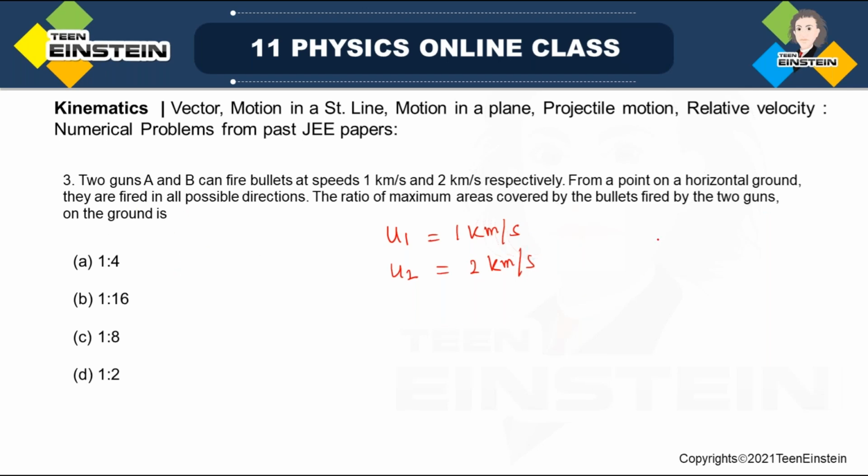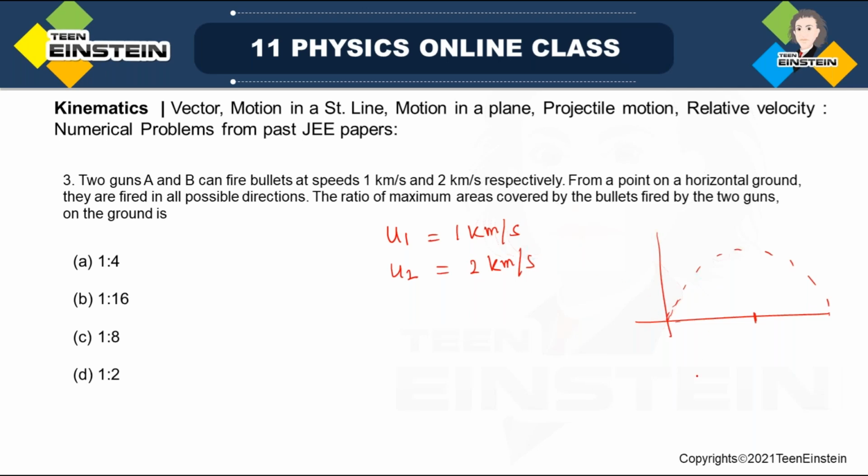See, we will be considering this to be a nearly circular trajectory for the time being. And somehow, if we can find out the range, then it will be easier.